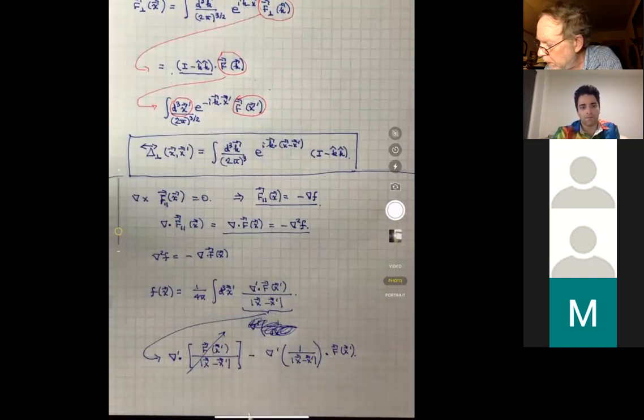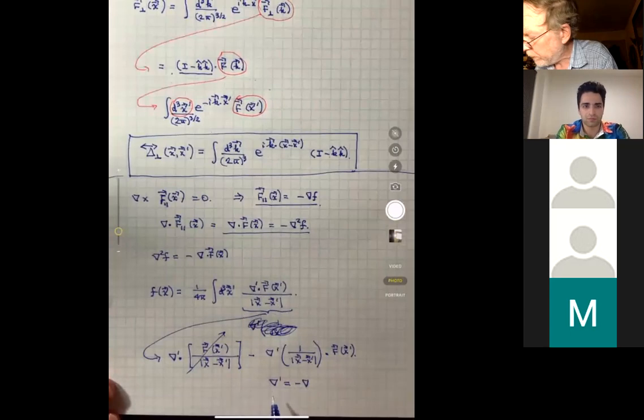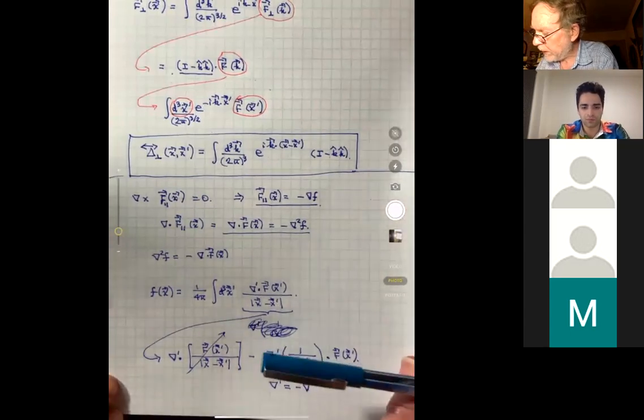All right. Now, another thing to say is that the Coulomb denominator depends on the difference between x and x prime. So the del prime in this context is the same thing as minus del. Those operators have an effect which is just opposite one another. And so I can put this together then.